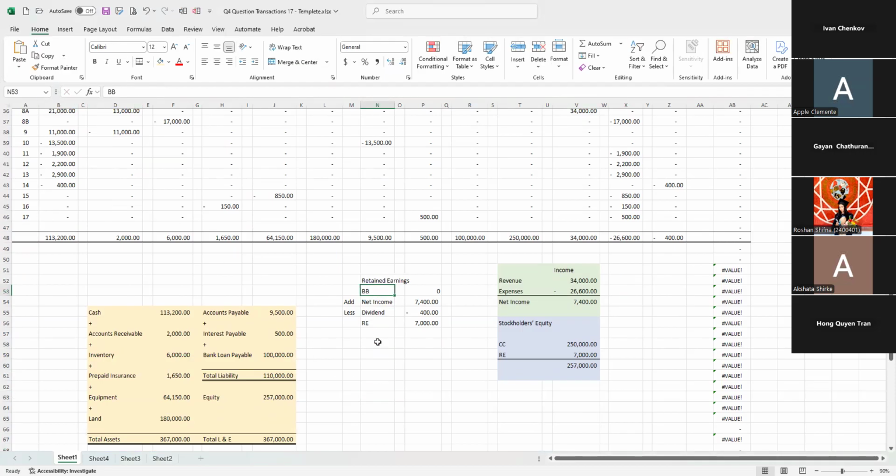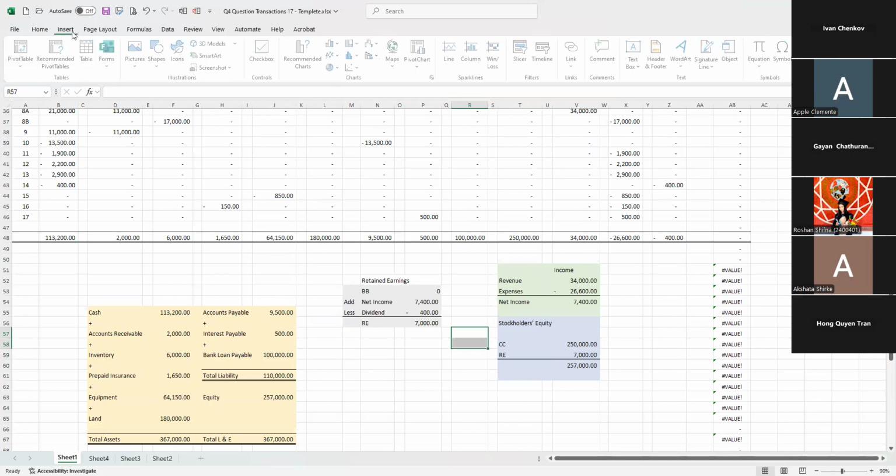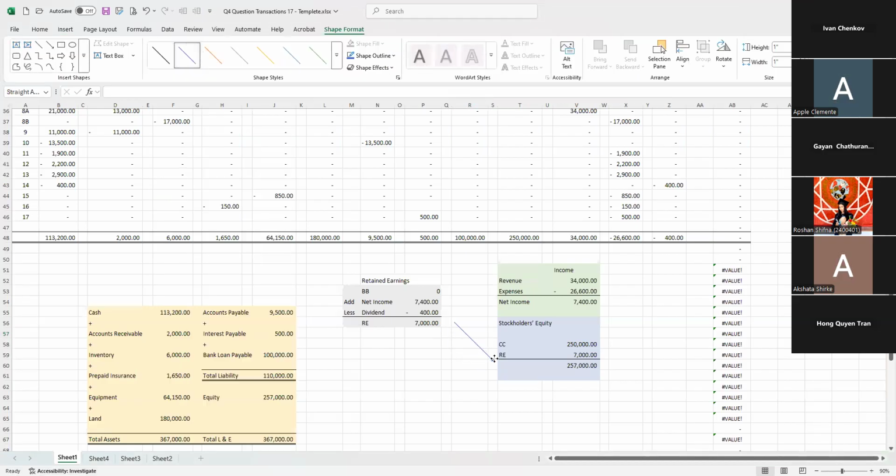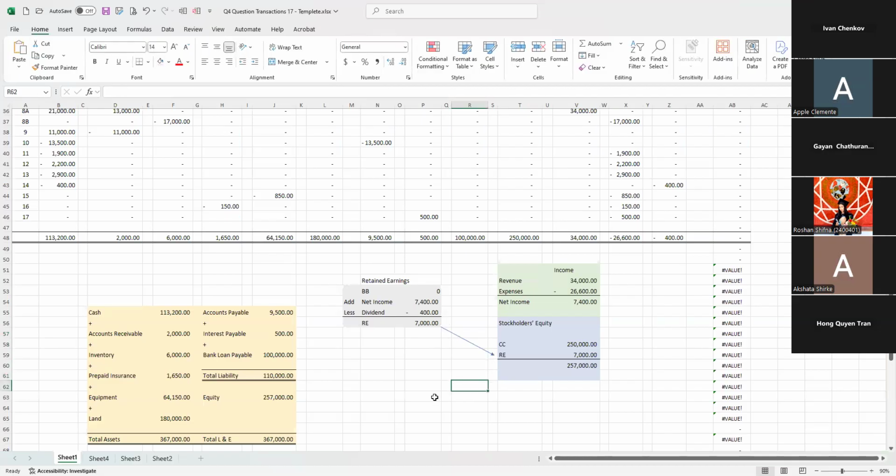Retained earnings always start with the beginning balance, which in our case was 0. Then we add the income, and then we deduct the dividend, and we get the retained earnings at the end of the period, which comes right here. Let me put one shape here. That's your retained earnings. From here it goes here. I try to make it logical for you.